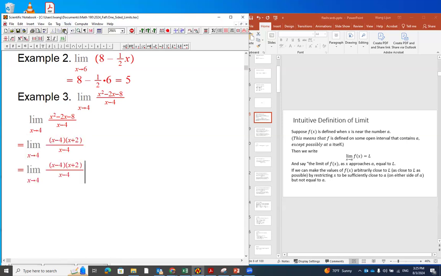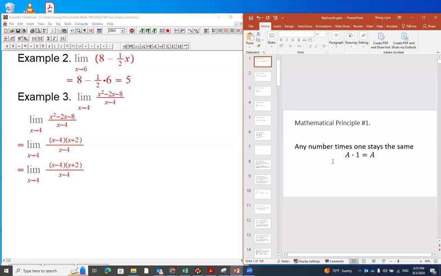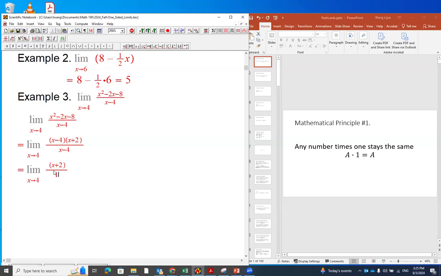When we reduce it, which property are we using? We're using the first flashcard, which says anything times 1 stays the same. x minus 4 is not 0, so x minus 4 divided by x minus 4 equals 1. As a result, we have reduced x minus 4 in our expression, and we are only left with x plus 2.